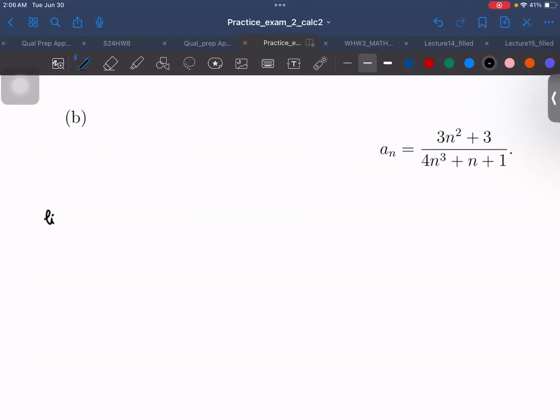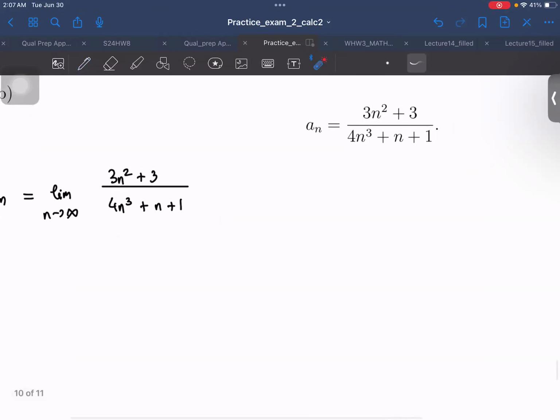So over here, the limit of a_n when n tends to infinity is the limit of 3n squared plus 3 divided by 4n cubed plus n plus 1. If you plug in infinity, you're going to have infinity over infinity, so you can use L'Hopital's rule. It allows me to translate the quotient between two functions into the quotient between two derivatives.